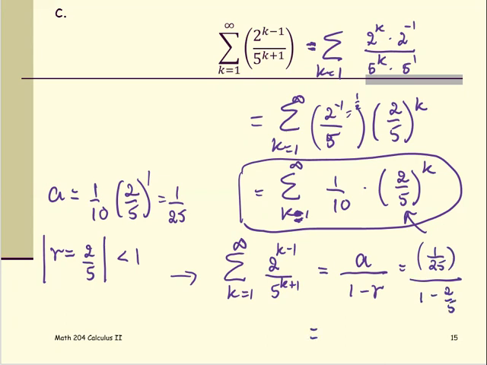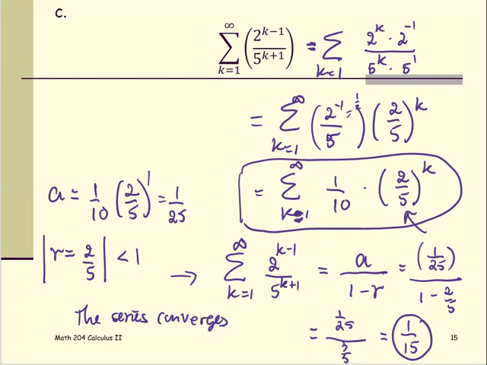And simplify the numbers as 1 over 25 divided by 5 minus 2 over 5, which is 3 over 5. Simplify one more time to get 1 over 15 as a result. Or we can say that the series converges to the value 1 over 15.